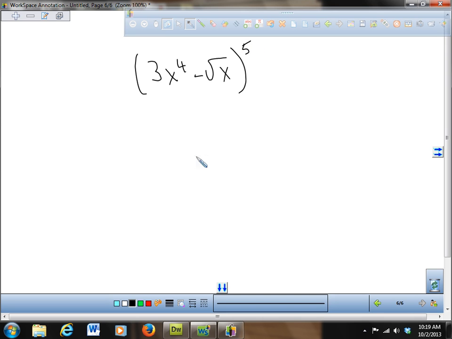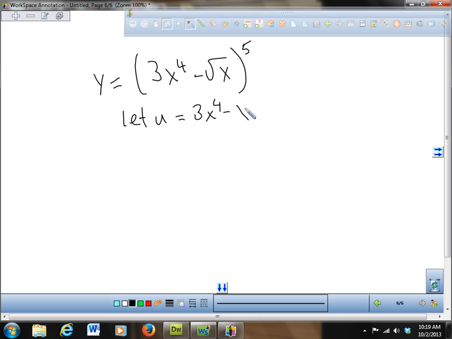What I do not want to do is multiply 3x to the 4th minus root of x five times, because that would be super messy, and you'd probably make lots of mistakes. So y equals this. What should I let u be? 3x to the 4th minus root of x.